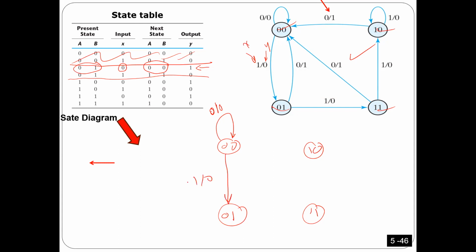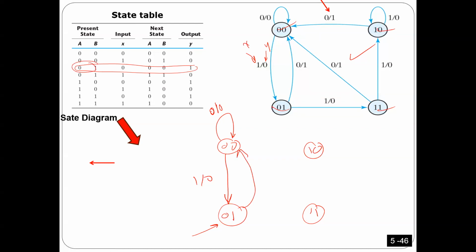Is that okay? So now let's come to the next one here. When the input is 0, 1, which is this case here, and when x is 0, I'm going to go to state 0, 0. So this row here is telling me if you are at 0, 1, you are going to go back to 0, 0.